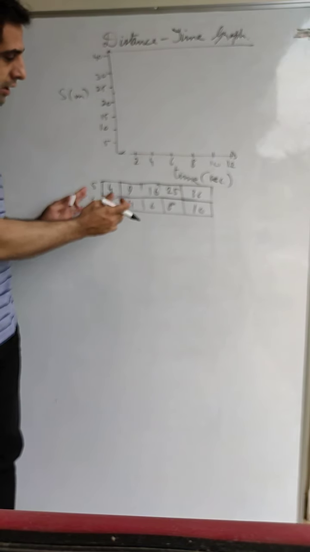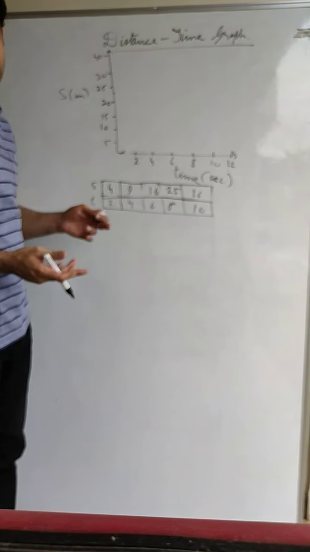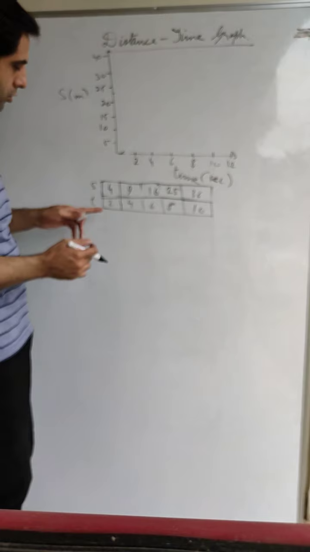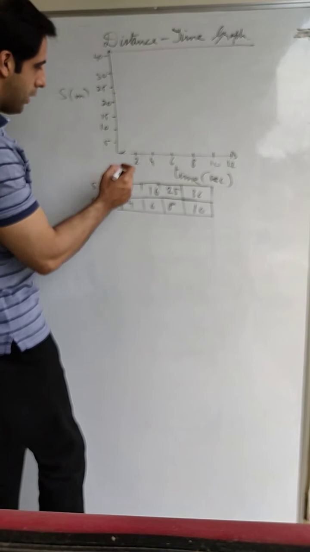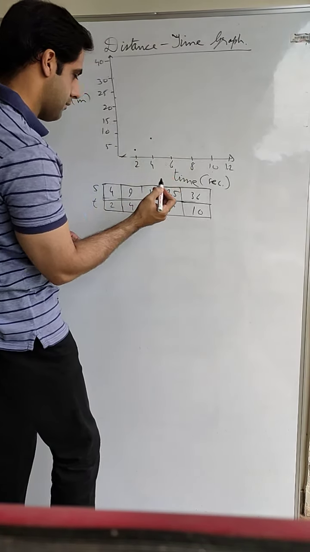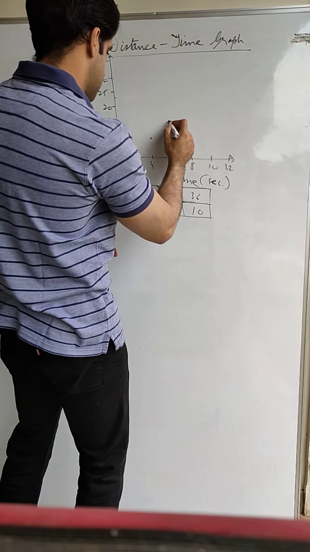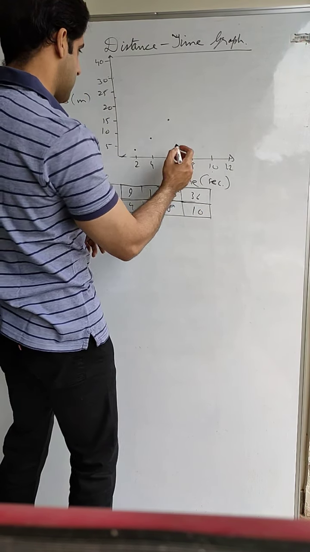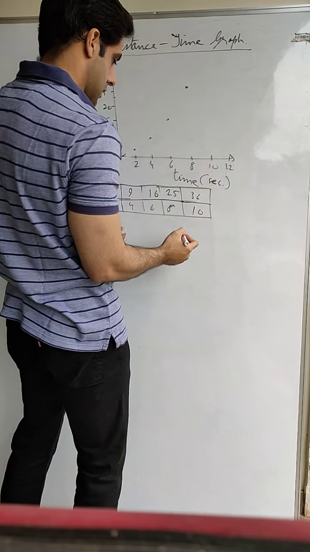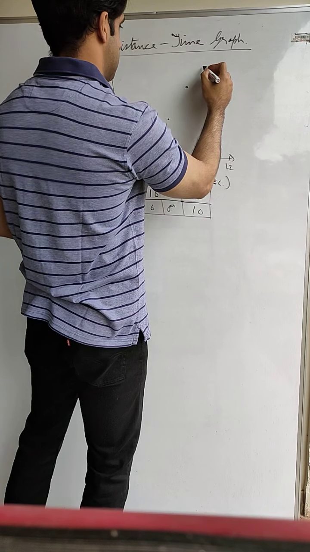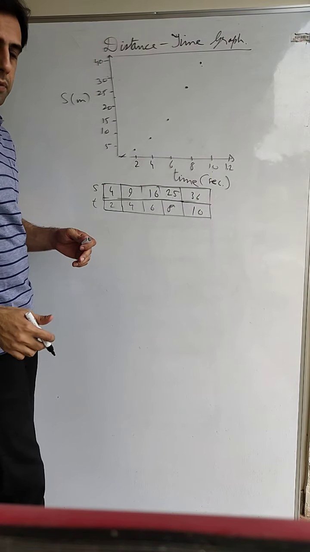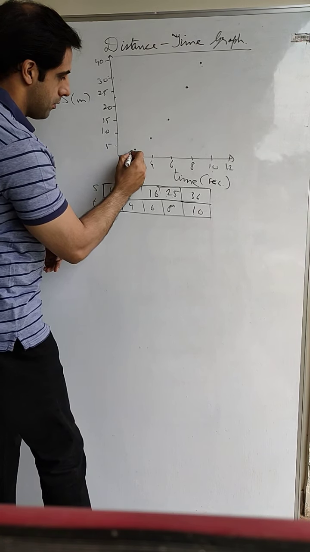So by the values you can judge that it is going to be a non-uniform motion. But let's see how the graph will look in a non-uniform motion. So for the first set of coordinates 2 and 4, it will be somewhere like here, 4 and 9 somewhere here, 6 and 16, 8 and 25, 10 and 36, somewhere here.